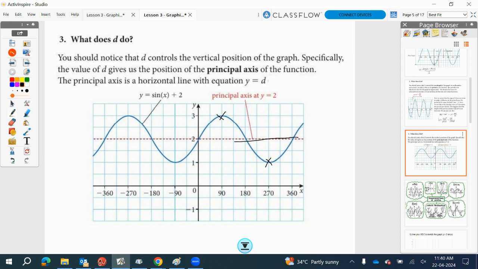The principal axis lies in the middle, so D is equal to the max plus the min, divided by 2. That's the midpoint formula for one coordinate: y1 plus y2, divided by 2.